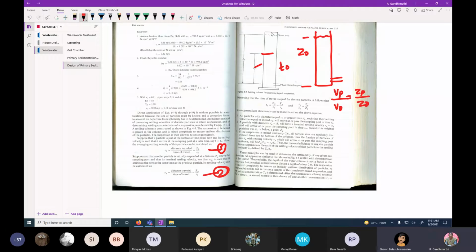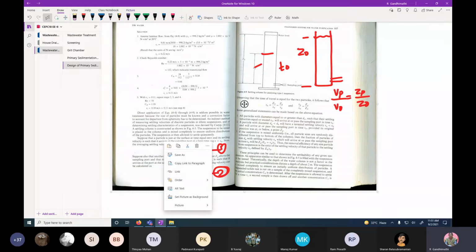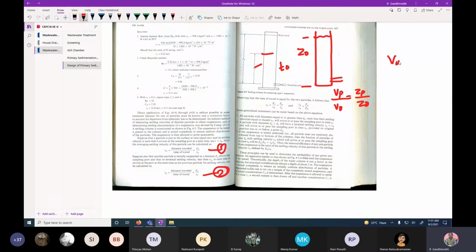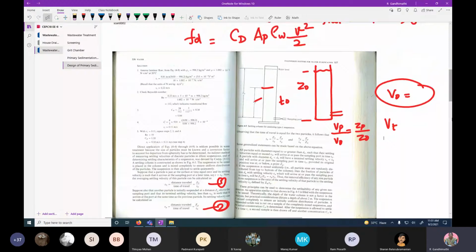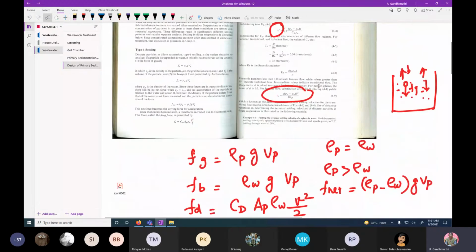Yes, ma'am. Actually, what you have to do is first calculate V0. Based on the settling column and time of travel, we can easily calculate V0. Now you have one reading with V0. Now use the terminal settling velocity formula that we discussed previously: Vt = g(ρ_p − ρ_w)D² / 18μ.